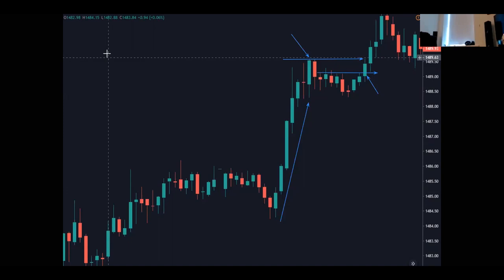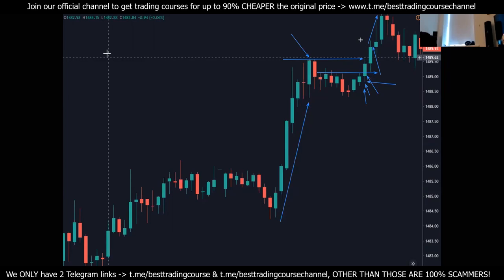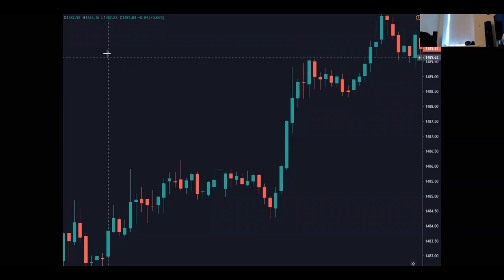So now you're going off the fact that, since we're making higher highs and higher lows, price needs to respect this low and continue moving bullish. And then price starts to move bullish after this. So at the end of the day, you're placing your trust in the fact that if price is bullish, candles have to make higher highs and higher lows. That's very, very important.